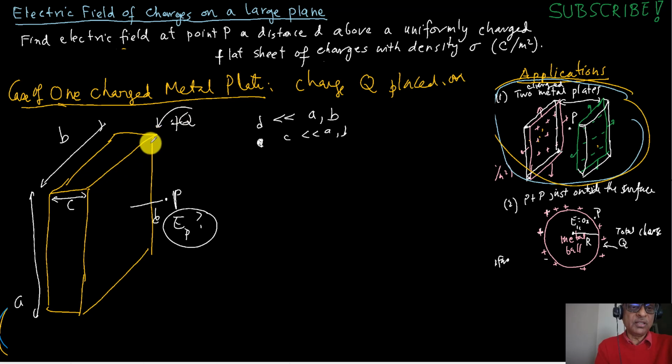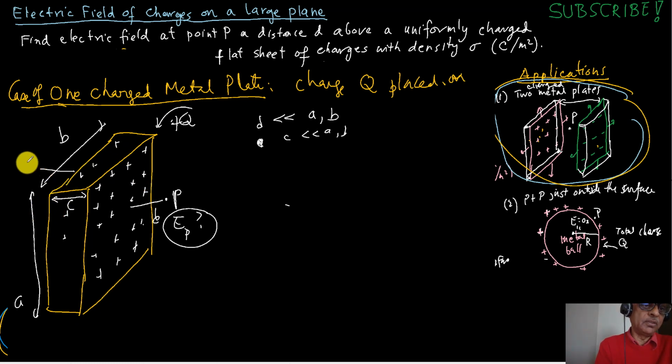So when I place the charge, most of the charges will be along this, right? And there will be some charges on these faces, some charge on these faces, bottom and back, and then there will be some charges on that face. So let's call it the front face and the back face. So they will have the charges.